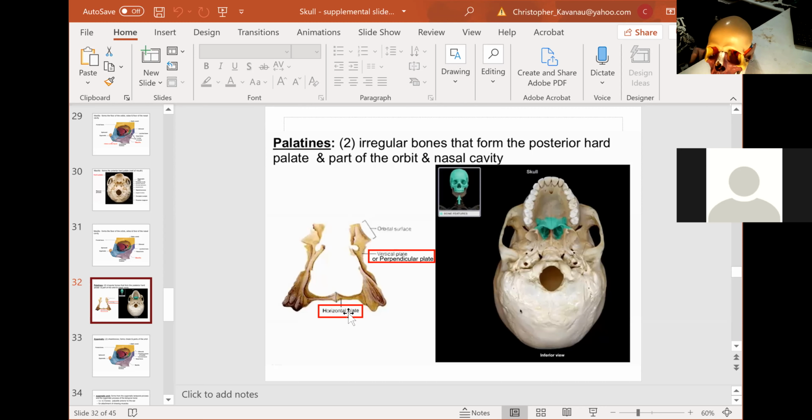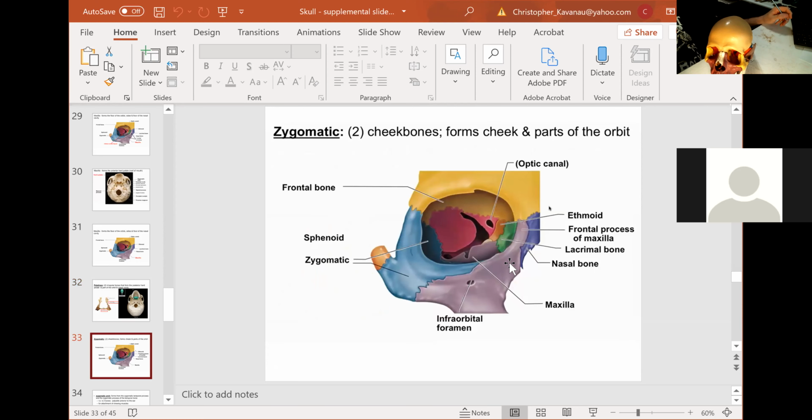And the palatine bones also rise up and form the walls of the nasal passages as well. Next are the two zygomatic bones. So these are the yellow bones here.